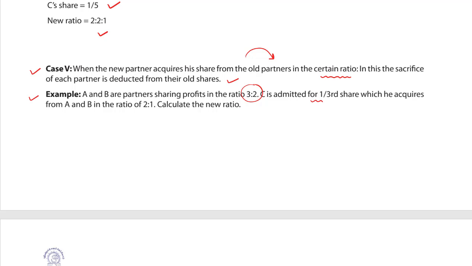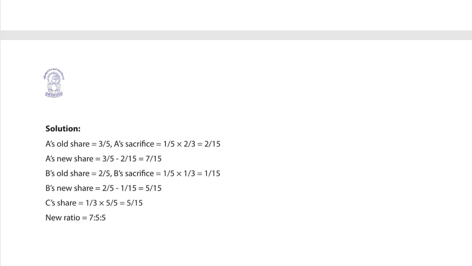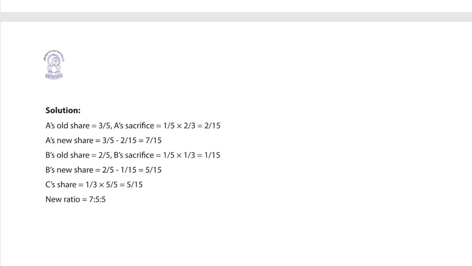C is admitted for 1/3 share, which he acquires from A and B in the ratio of 2:1. 1/3 is divided in 2:1, that is 2 by 3 and 1 by 3, and whatever results we get, A will sacrifice and B will sacrifice in favor of C. Calculate the new ratio.